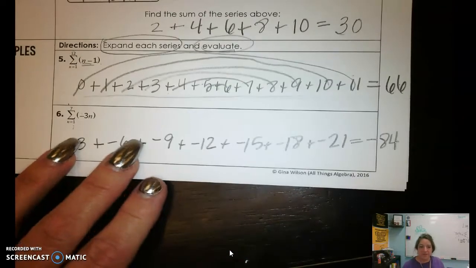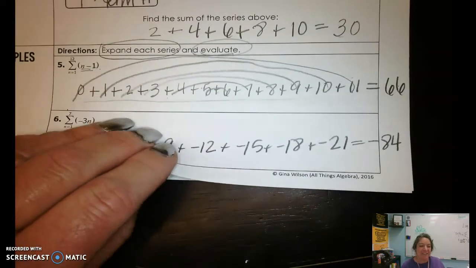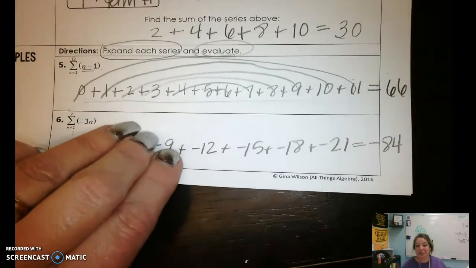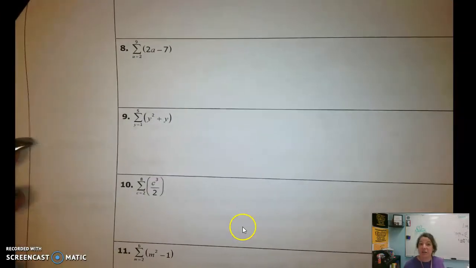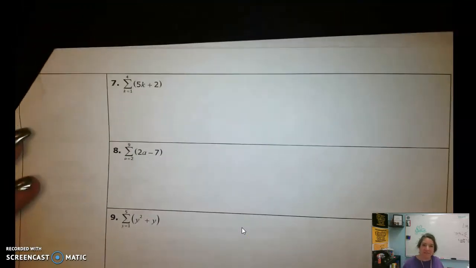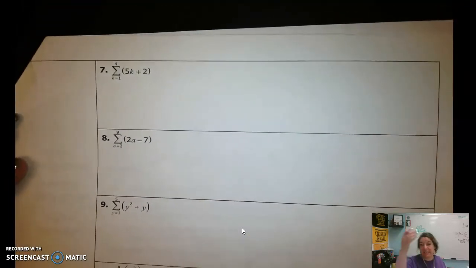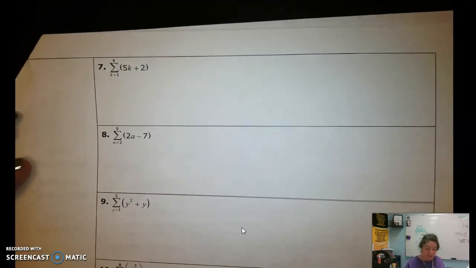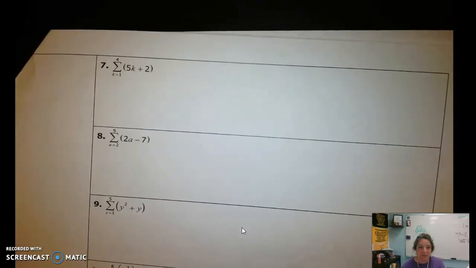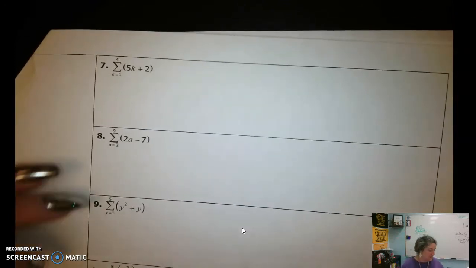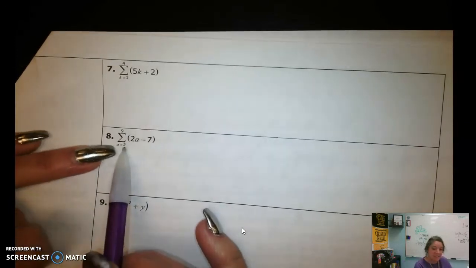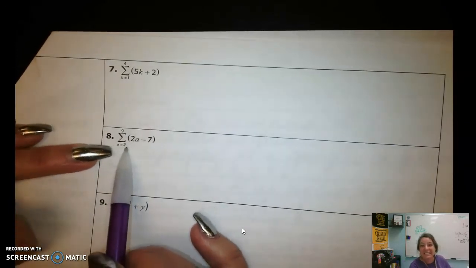Okay, last little detail that I want to share, then you're going to go try some of these on your own. All right, so your job is to finish up all of the problems that we haven't done, besides the ones that we crossed out, okay? But number 7 should be good. Number 8 is a little bit different. So notice how number 8 has a 2. This is the term number you're going to start with.